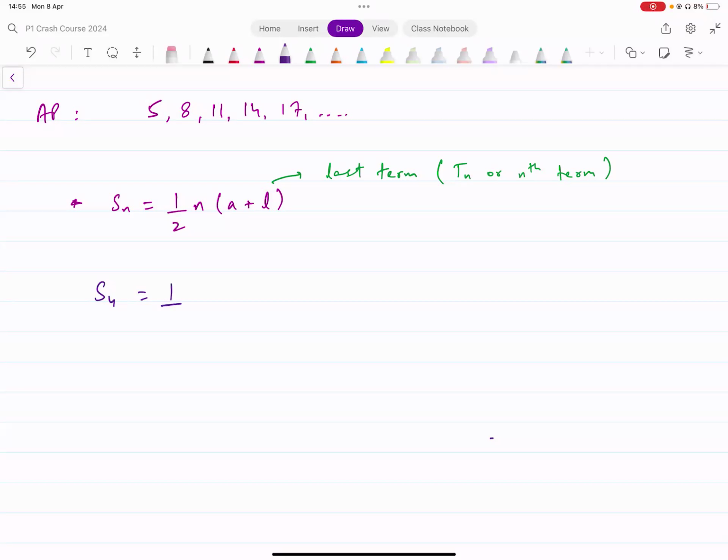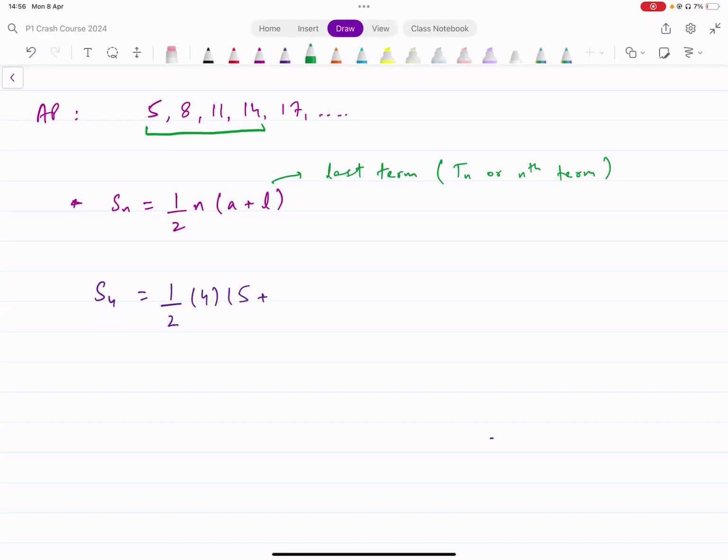We would say it's half into n, which is 4, into a. What's the first term? The first term is 5, plus L. Now, last term here basically means, among the 4 terms that we have to add, out of these 4 terms, what is the last term? So these are the 4 terms that you want added.